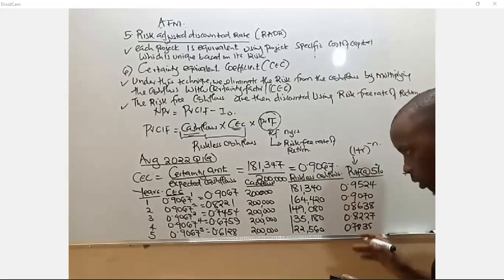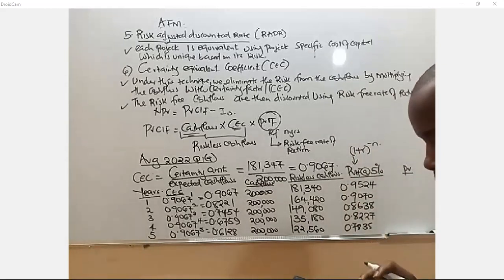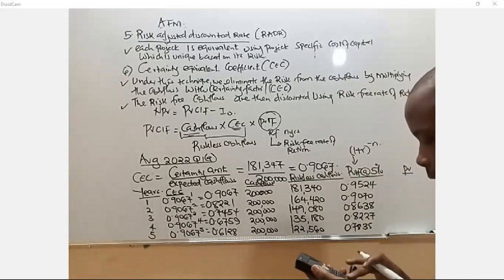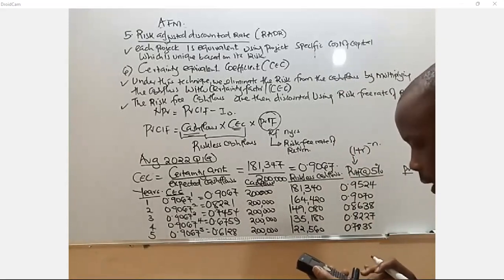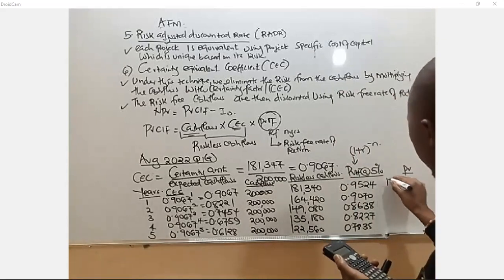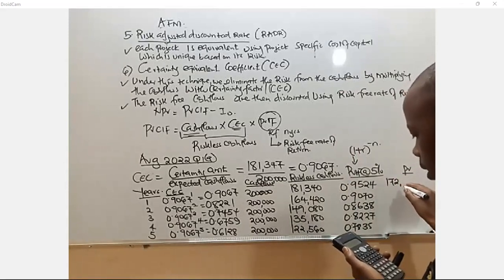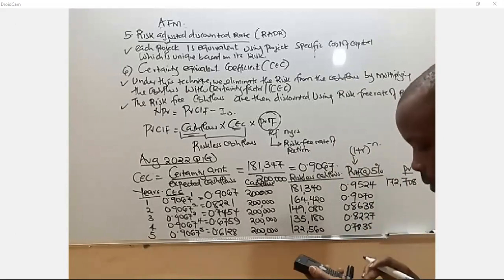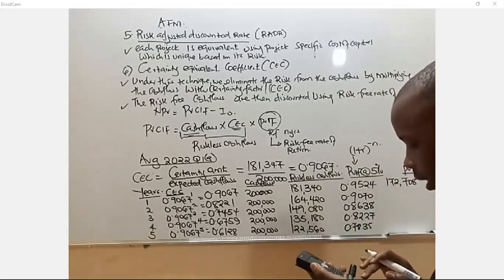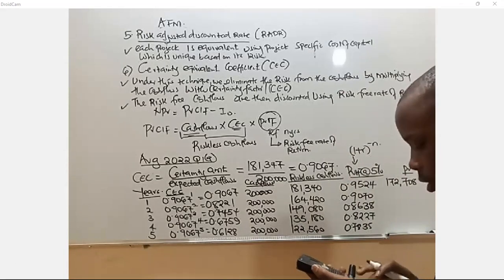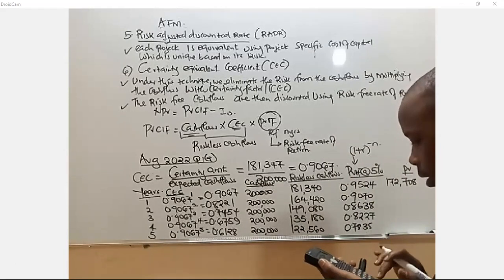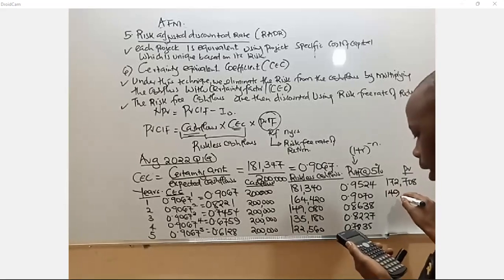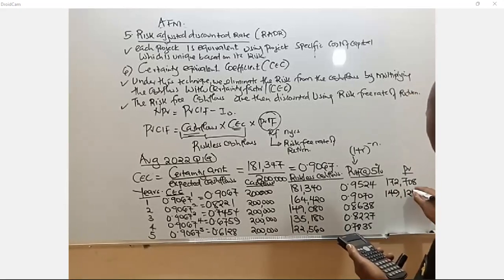What is our present value? Let me start with the first one. The first one is 181,340 times 0.9524. I'm getting around 172,708. Let me just ignore the decimals. 164,420 times 0.9070, getting around 149,129.